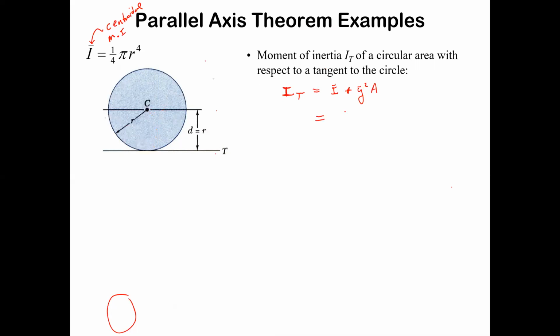So we can take that formula that we're given, 1/4 pi r to the 4th, and add to it r squared times the area, which is pi r squared. And so the answer is going to equal 5/4 pi r to the 4th.